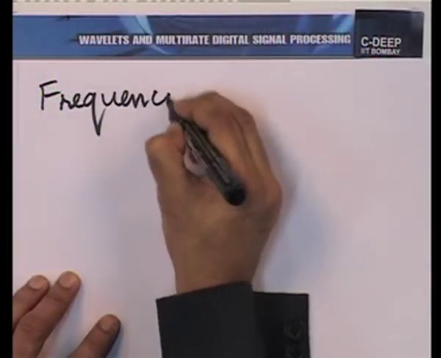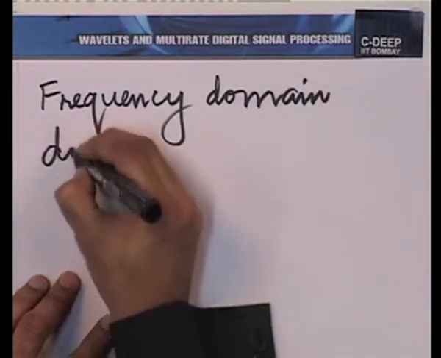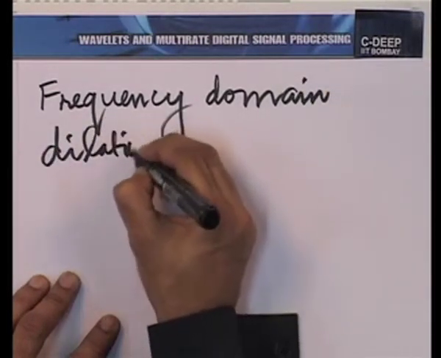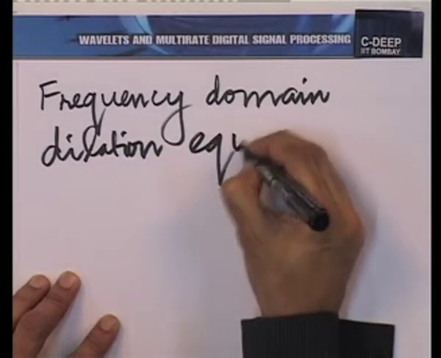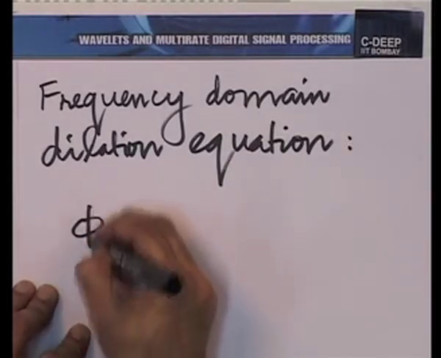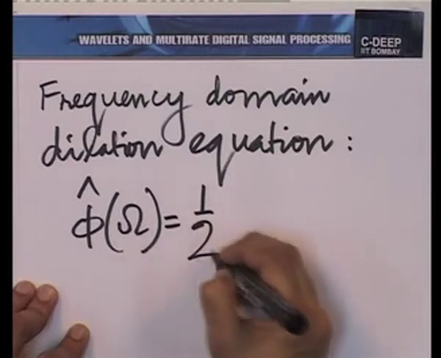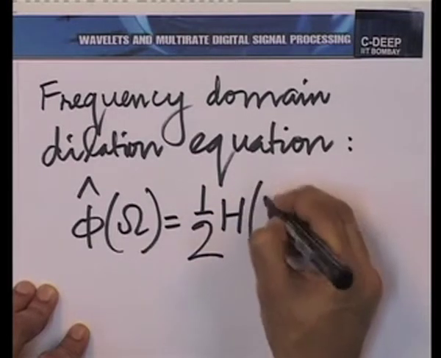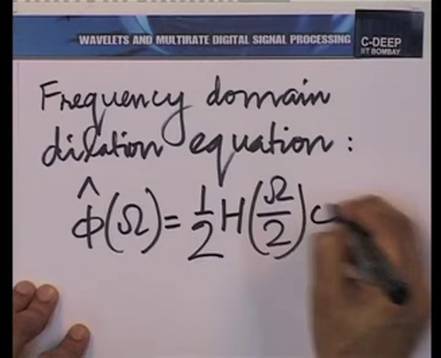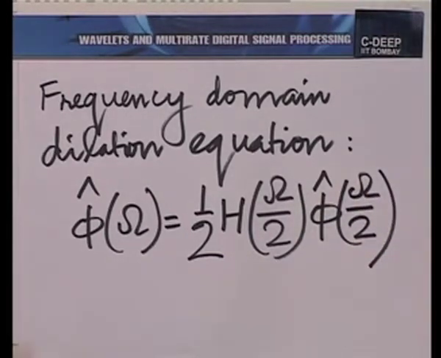The frequency domain dilation equation is phi cap of capital omega is half capital H evaluated at omega by 2 times phi cap evaluated at capital omega by 2.